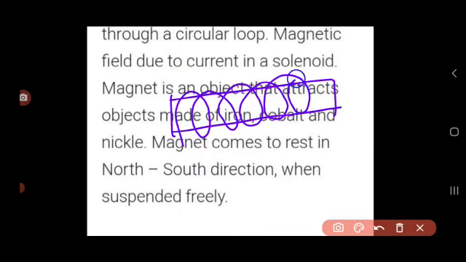Now we deal with the uses and properties of magnet. Uses of magnet.